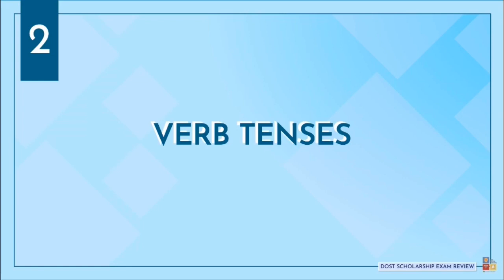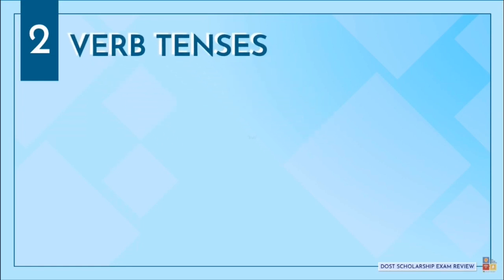Next up, verb tenses. Okay, verb tenses indicate the time at which the action was made. Each verb has three principal parts: the present, the past, and the past participle. All the tenses are formed from these principal parts.